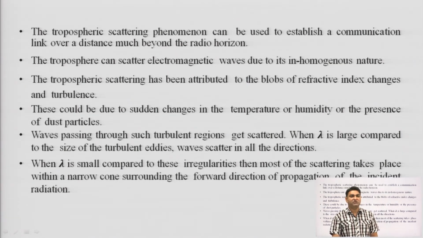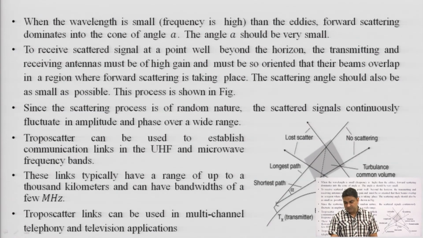Waves passing through such turbulent regions get scattered when lambda is large compared to the size of the turbulent eddies, and these waves scatter in all directions. This tropospheric scattering phenomenon is shown in this diagram, and you can see that some regions in the tropospheric range are specified for this mode of propagation.